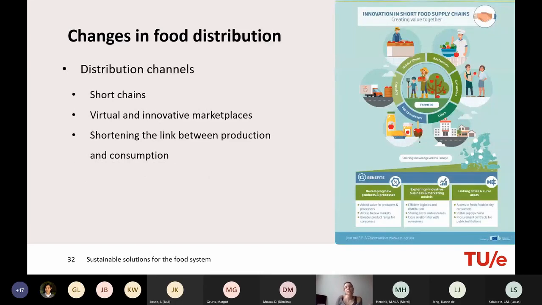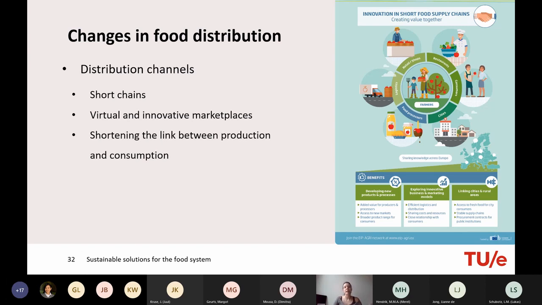And then we can, of course, change our food distribution and adapt the chain. So we can move towards shorter chains to link our final customer better with the initial stages in the chain, reduce food miles, and know better the origin of our product.